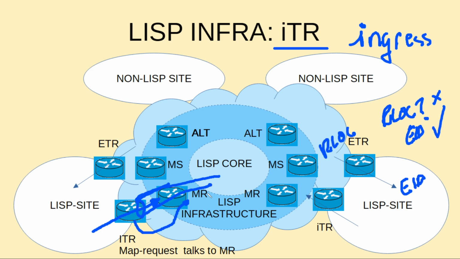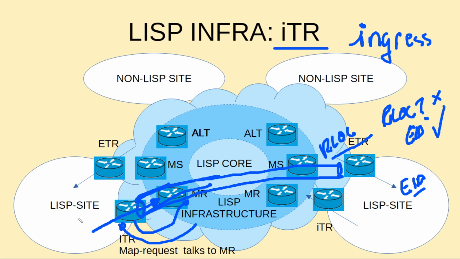Once this information reaches the ITR, it can then create a tunnel that will have a destination IP of the destination RLOC for this destination endpoint ID. And at the same time, this router is going to hold that information in what we call a map cache.